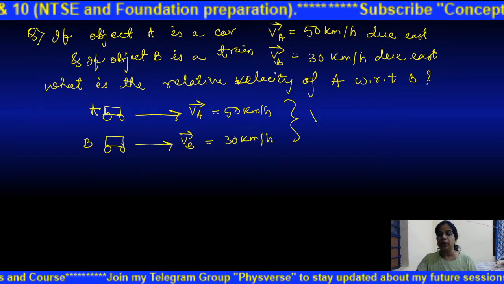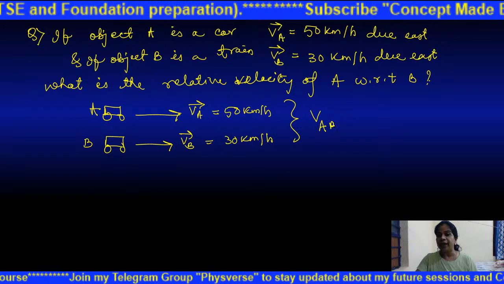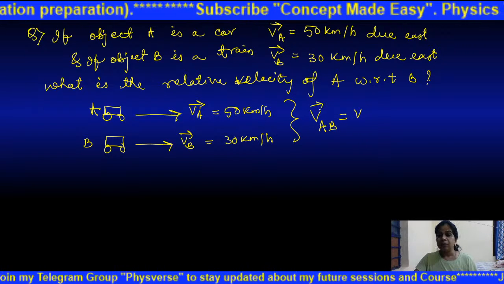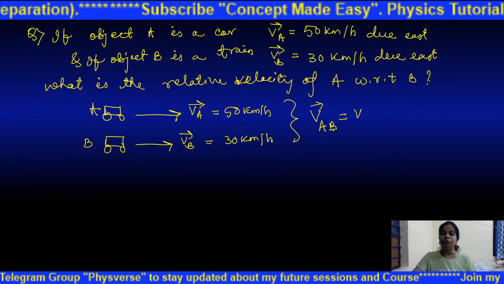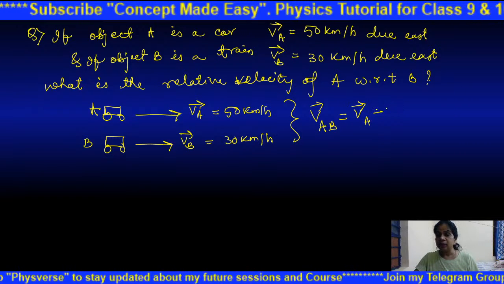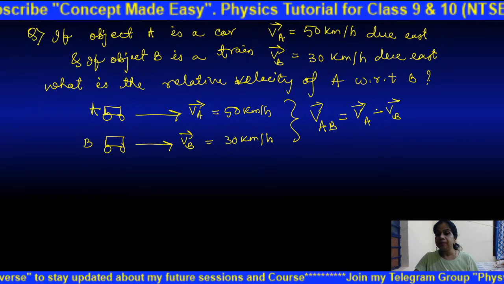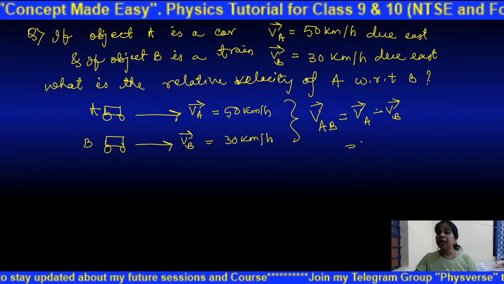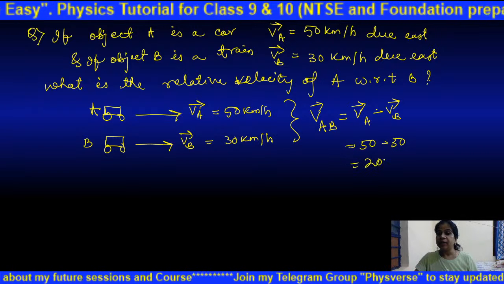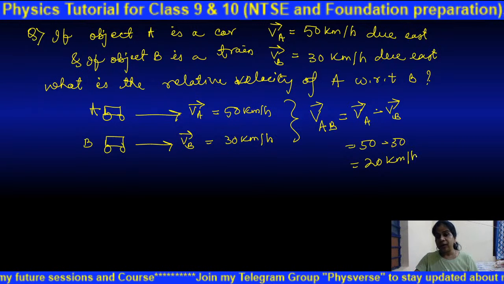I need to calculate relative velocity of A with respect to B. What formula did I just derive? VAB, relative velocity of A with respect to B, is nothing but VA vector minus VB vector. So VA is 50 and this is 30, so that is nothing but 20 kilometer per hour.